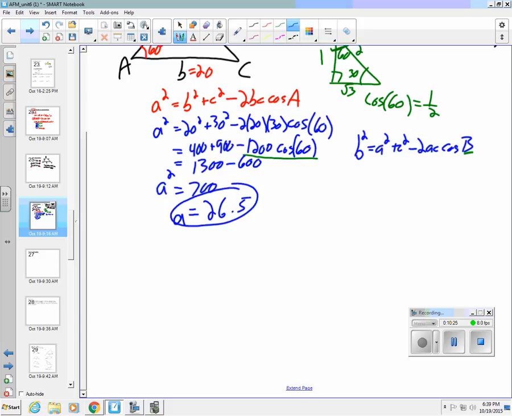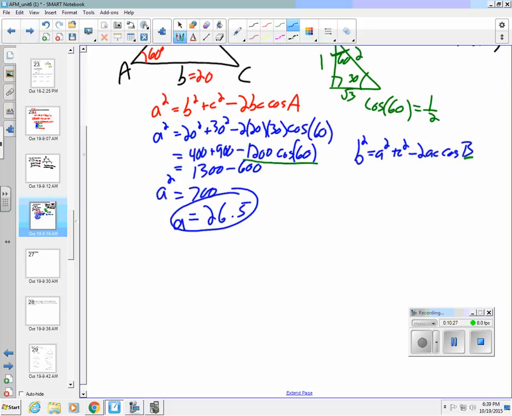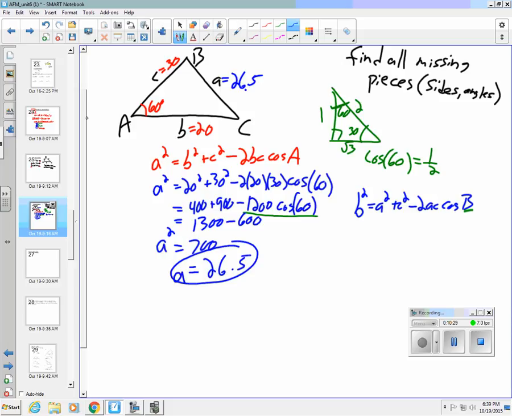b is 20, so start filling in the formula. We have 20 squared equals a squared, 26.5, plus c is 30 squared, minus 2 times a, which is 26.5, and c is 30, cosine b.